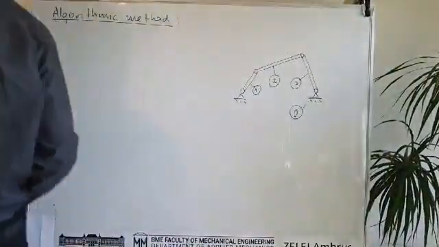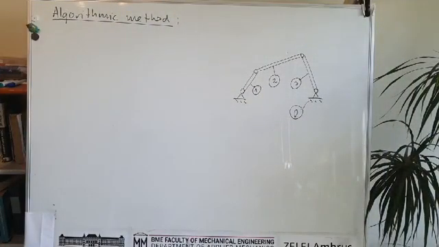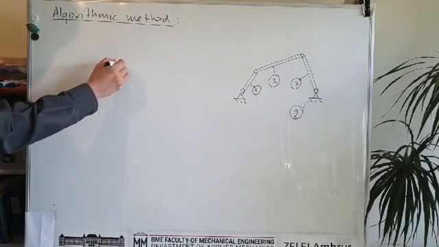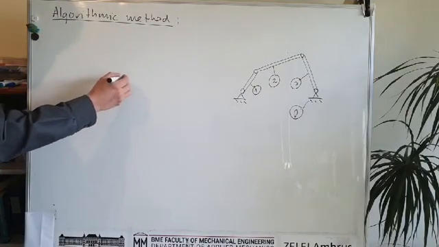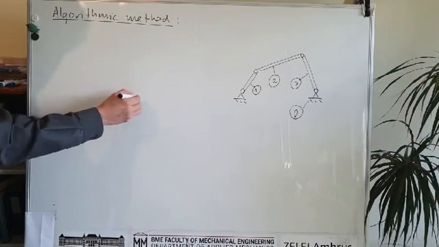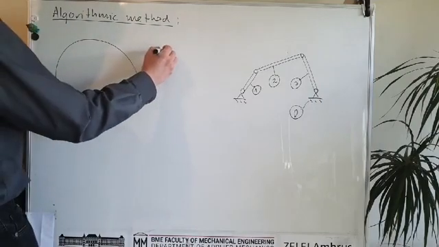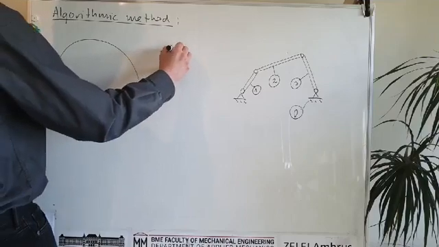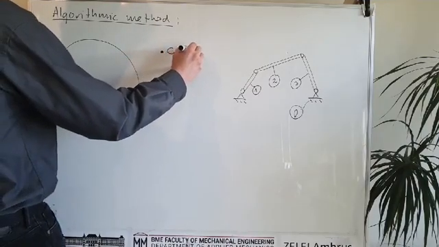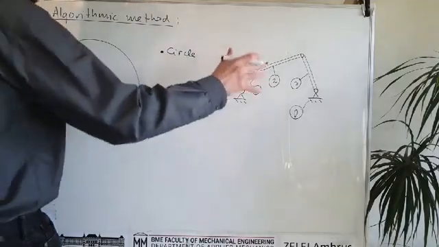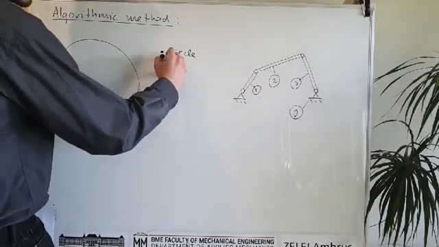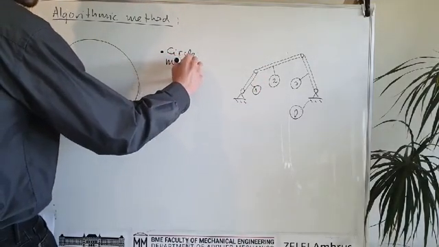And in the algorithmic method we introduce some graphical technique. So first we draw a circle, and the circle itself is representing the whole mechanism itself. So this is the mechanism.